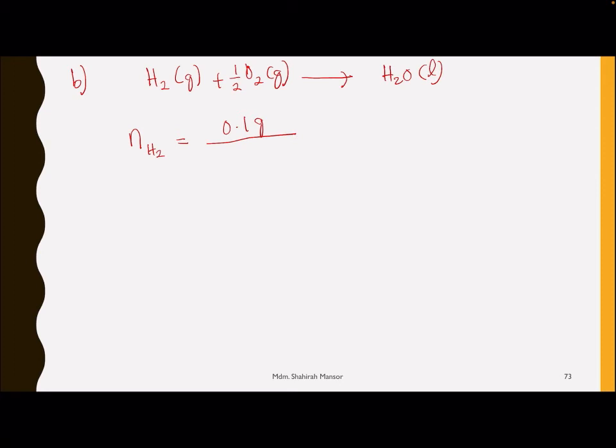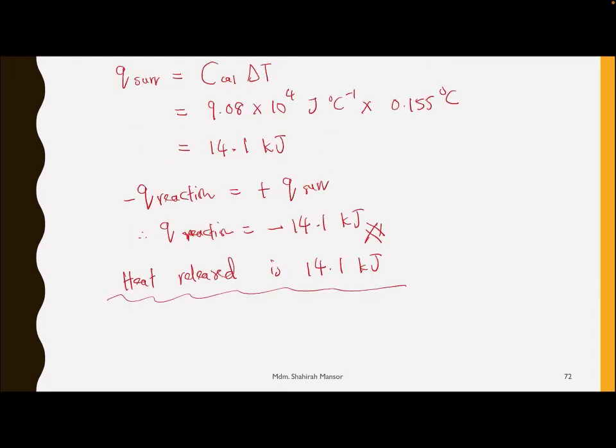So the first step is to find the number of mole of the burning sample: the mass over the molar mass of H2. So you will get 0.0496 mole. Meaning that burning of 0.0496 mole of hydrogen gas will release negative 14.1 kilojoule.